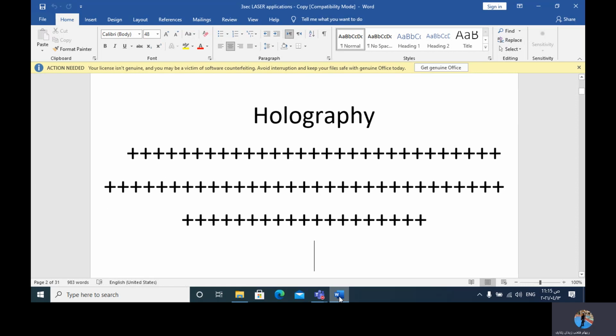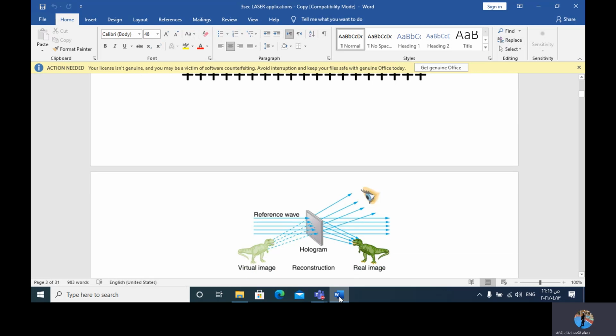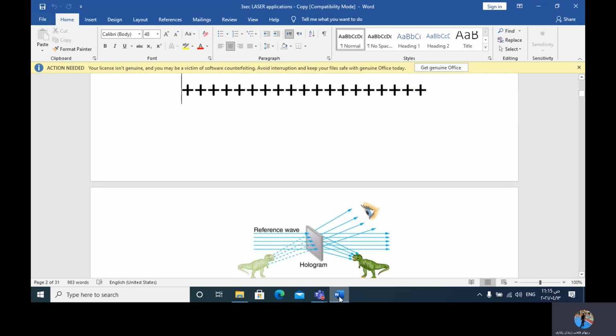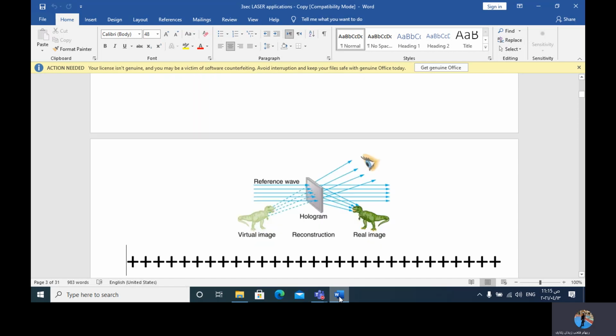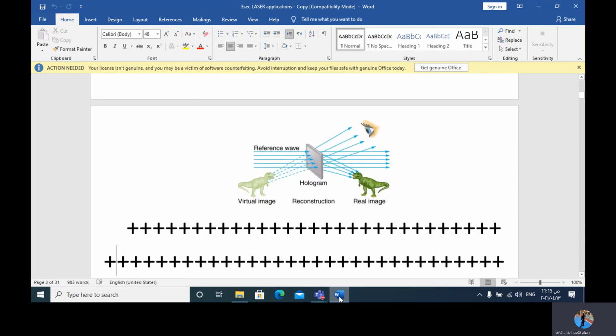We will take the first application, which is holography. Holography is simply a kind of forming images, but in 3 dimensions. How holography is done is simply by using coherent light rays, and coherent light rays could not be achieved without laser.